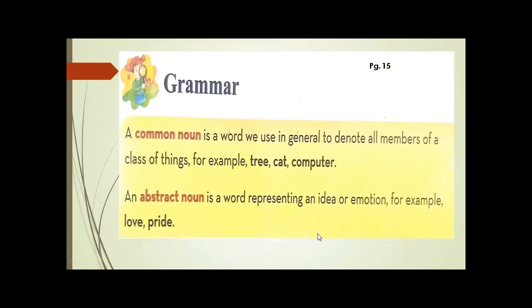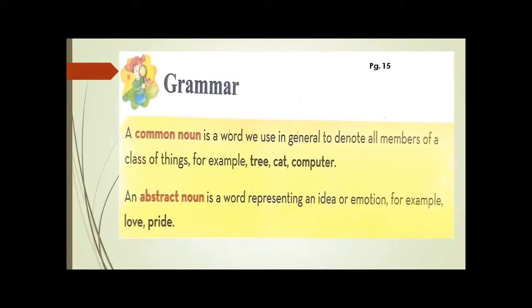These nouns are abstract ideas and emotions that cannot be seen or experienced. You can't see them, you can't experience them. It is something that we cannot see or touch; it is the name of a thing we can only think or feel. That means we think about it, we feel about it.